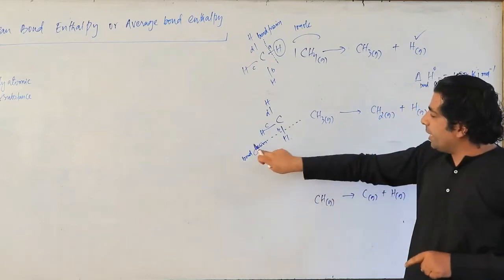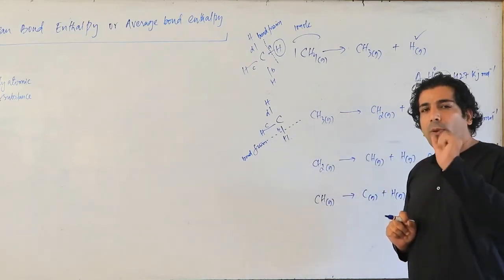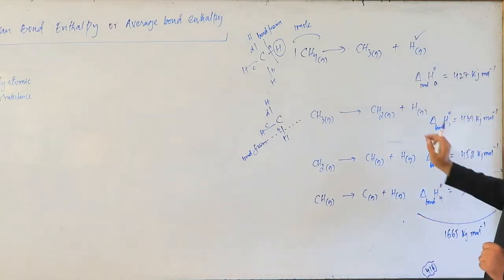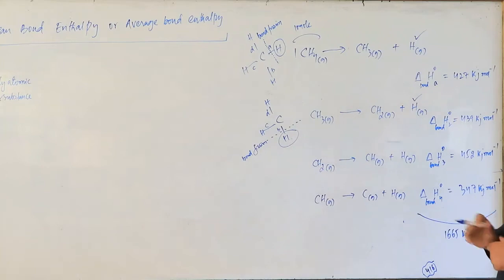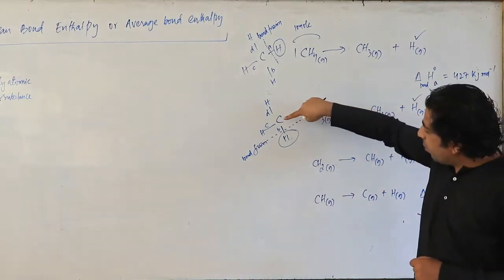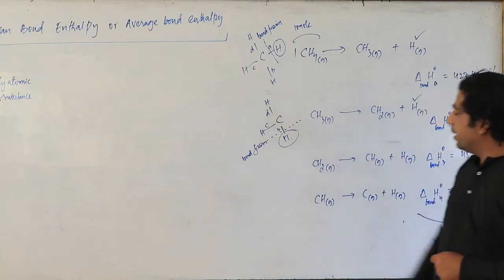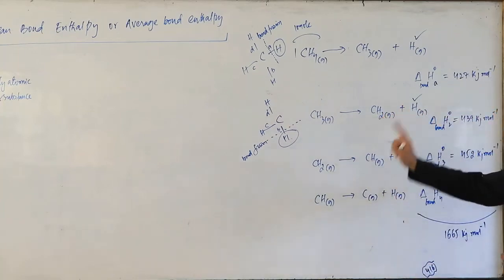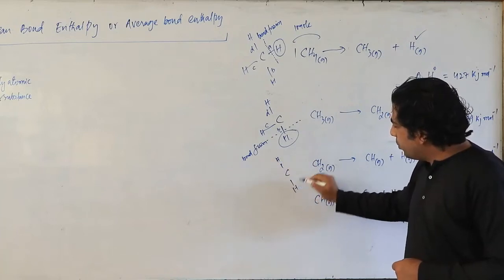So after breaking the bond B, 1 mole of bond B I am breaking, now this hydrogen will be separated. So it is separated. How much energy is required? 439 kilojoules of energy is required for breaking this 1 mole of CH bond. Yes? Now what is remaining here? CH2. Let's take CH2 now. So CH2 is here now.